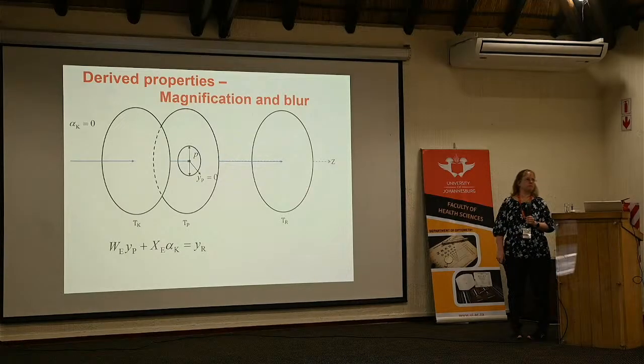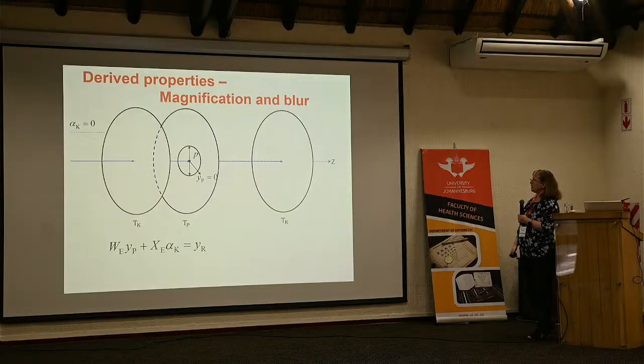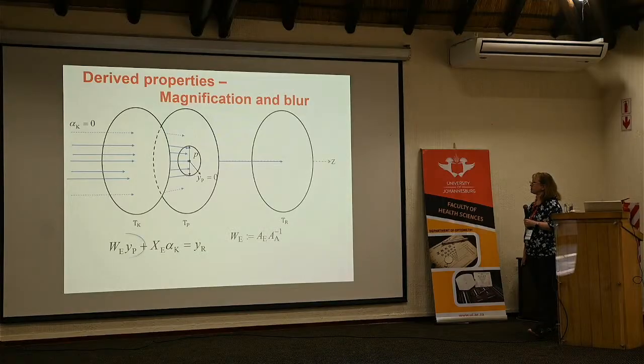If we look at marginal rays and you take the diameter of the pupil and we send in a pencil of rays, obviously not all the rays are going to reach the same point on the retina. We're going to get a blur patch that looks like that.